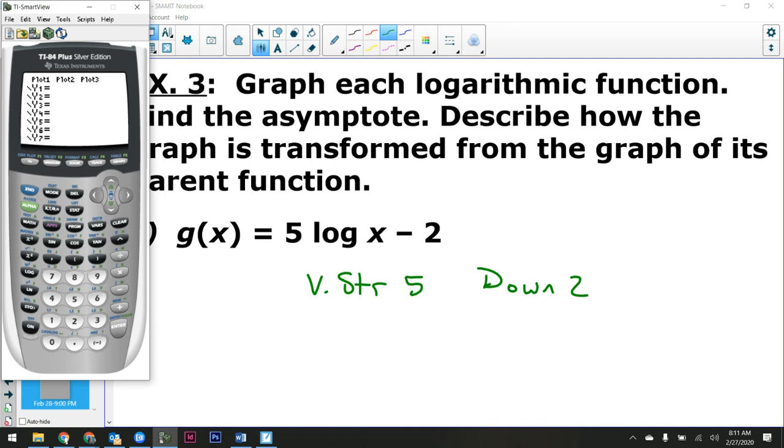So we have log of x, there's my parent. And then 5 log x, parentheses, minus 2. Okay, there's my original.